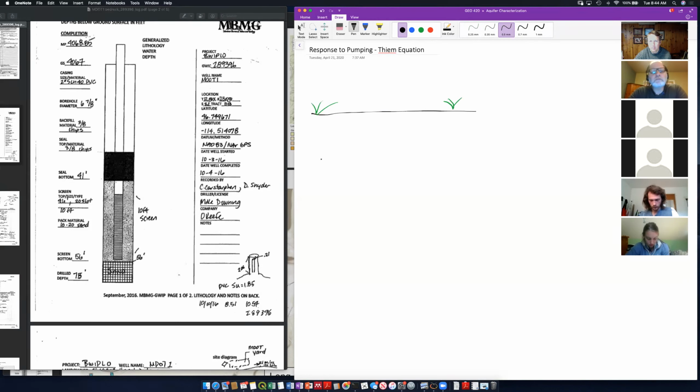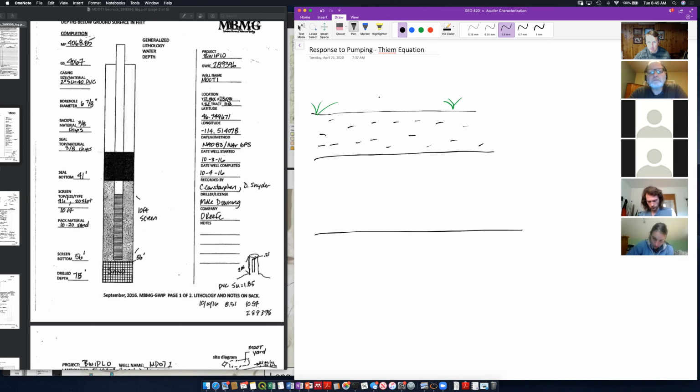And we're going to start by thinking about confined aquifers because they are the easiest ones to deal with. And then we will talk about the difference between confined aquifers and unconfined aquifers.